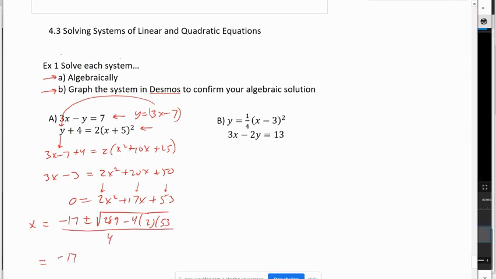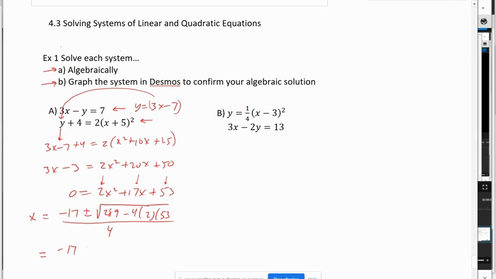And so 289 minus 4 times 2 times 53 is negative 135, over 4.